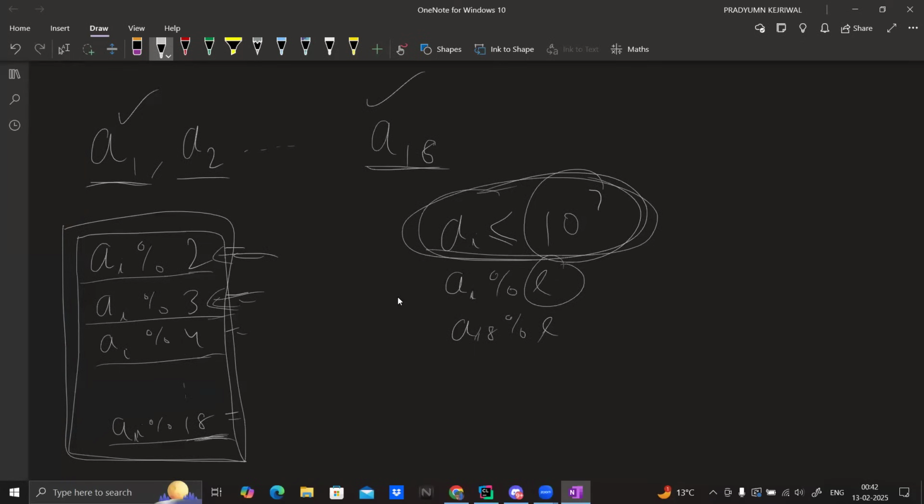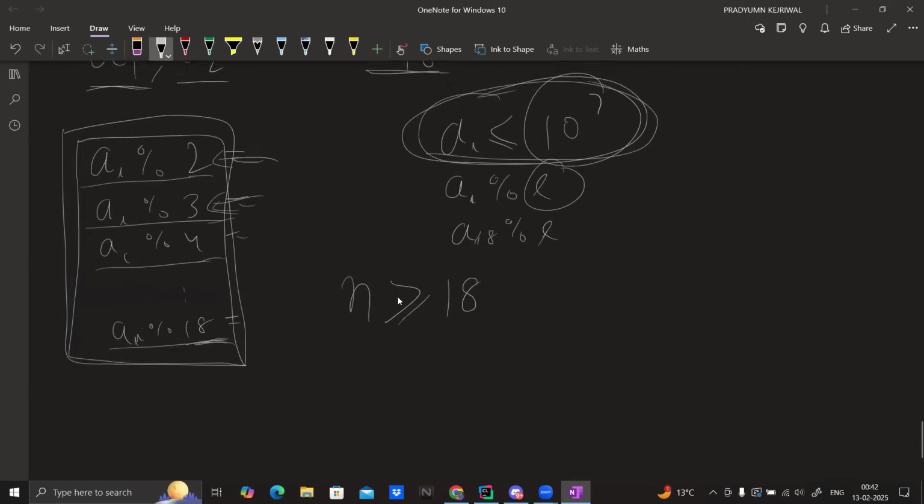So that's what I have just proved, that if n is greater than or equal to 18, and the sequence does not have all same elements, then definitely an illegal subsequence exists in that. So what can we do now?